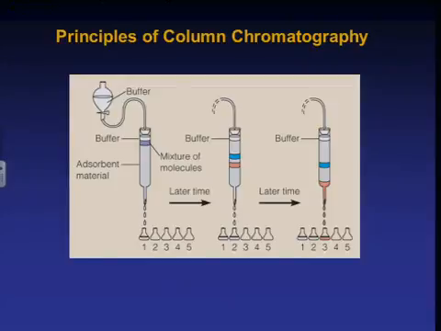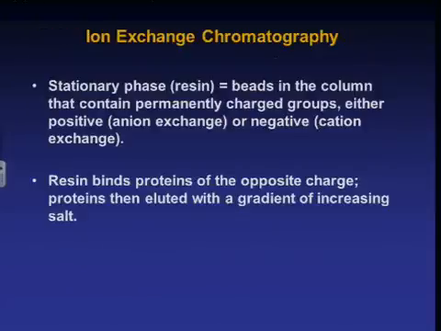So we call this fractionation, and these individual small volumes that are taken as a function of time are fractions. And then those that have a stronger interaction with the column are going to come off later. And in two of the three cases, the buffer that we're running through the column, we will change the composition of to start to knock proteins off, and you'll see that in a minute.